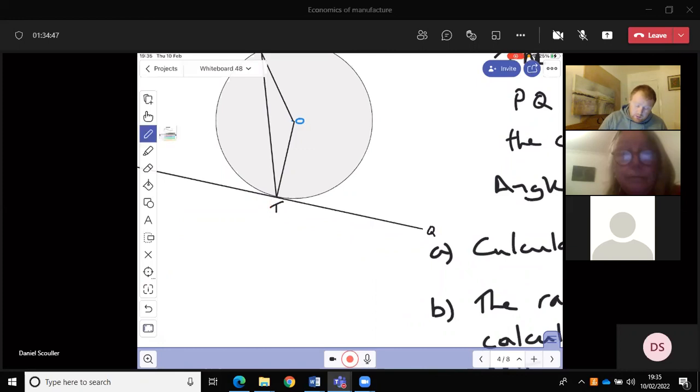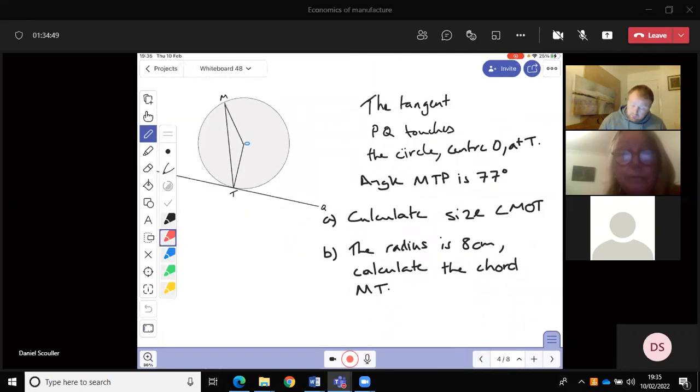What else have we been given in the question? Angle MTP is 77 degrees. Sandra's already alluded to it: there's a couple of ways they can indicate what they're referring to with these letters. In this case, they've said the word angle and these three letters MTP. We picked up on it last week when we were looking at chords.